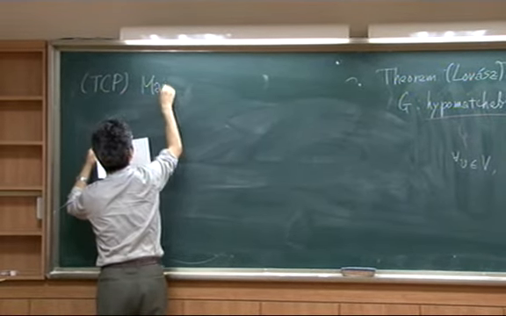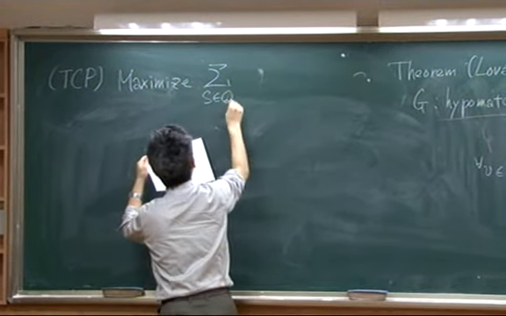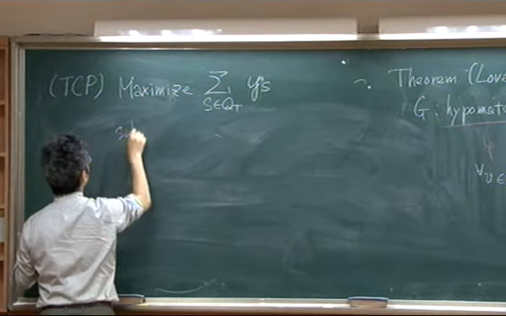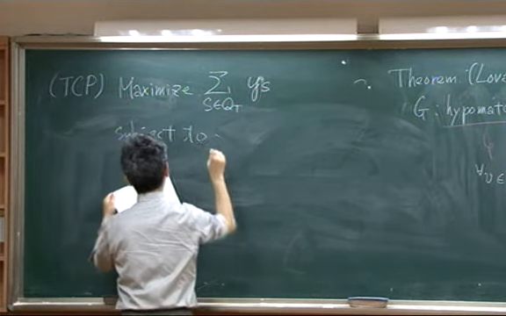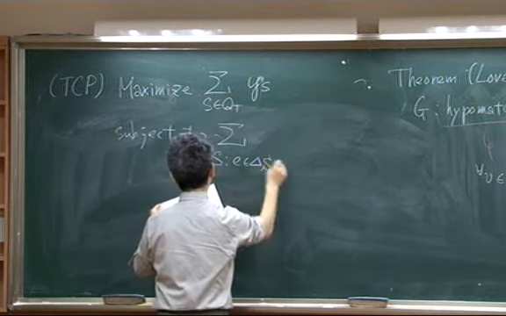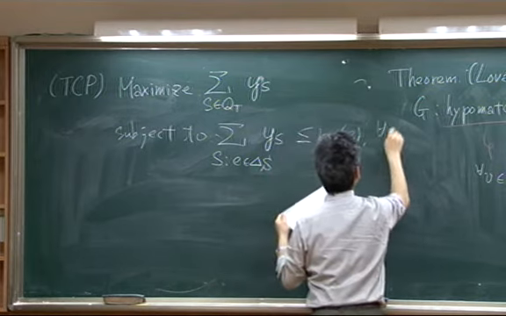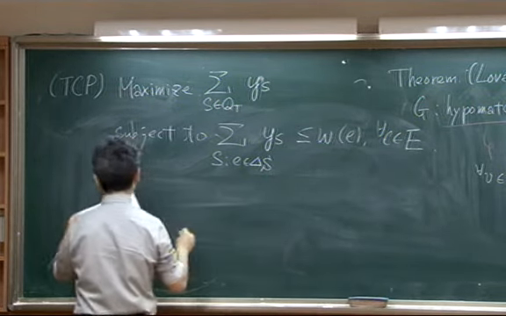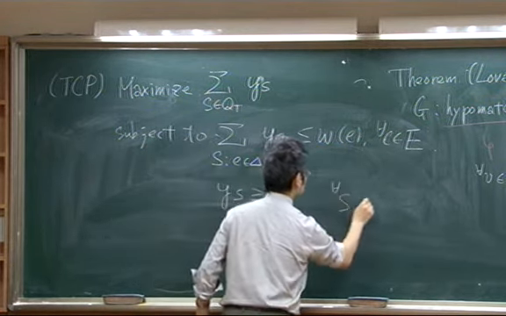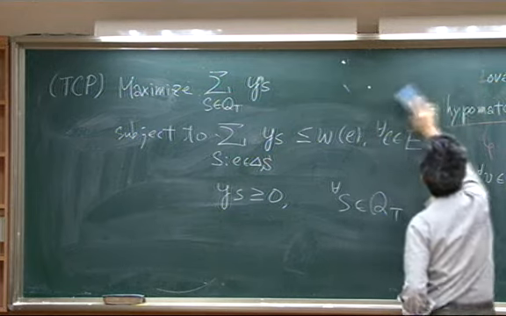TCP is a maximization, so the dual is maximize the sum over S of Y_S, subject to the constraint, for S a set where the edge e is in S, Y_S is at most 1, and Y_S must be nonnegative. So the dual must be like this.